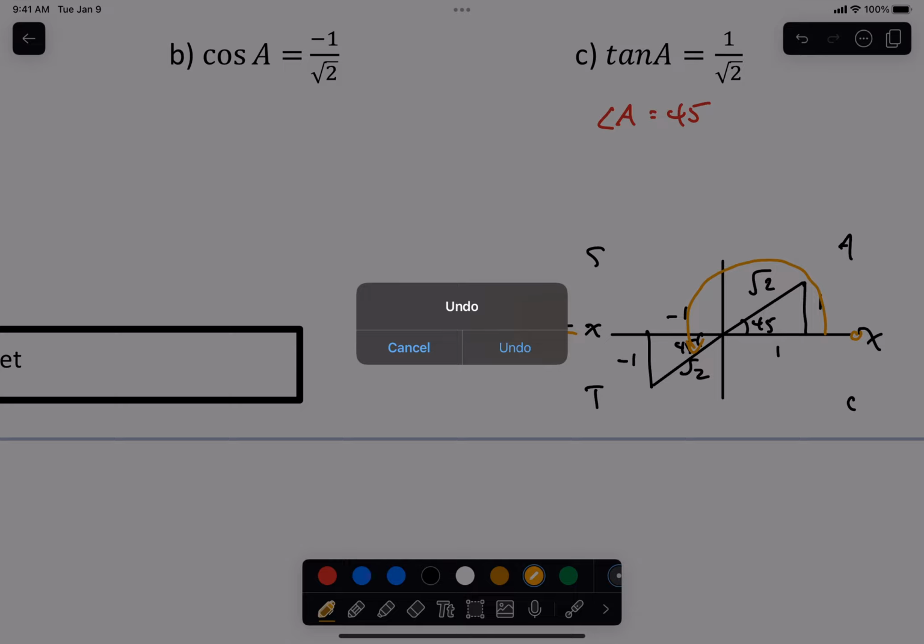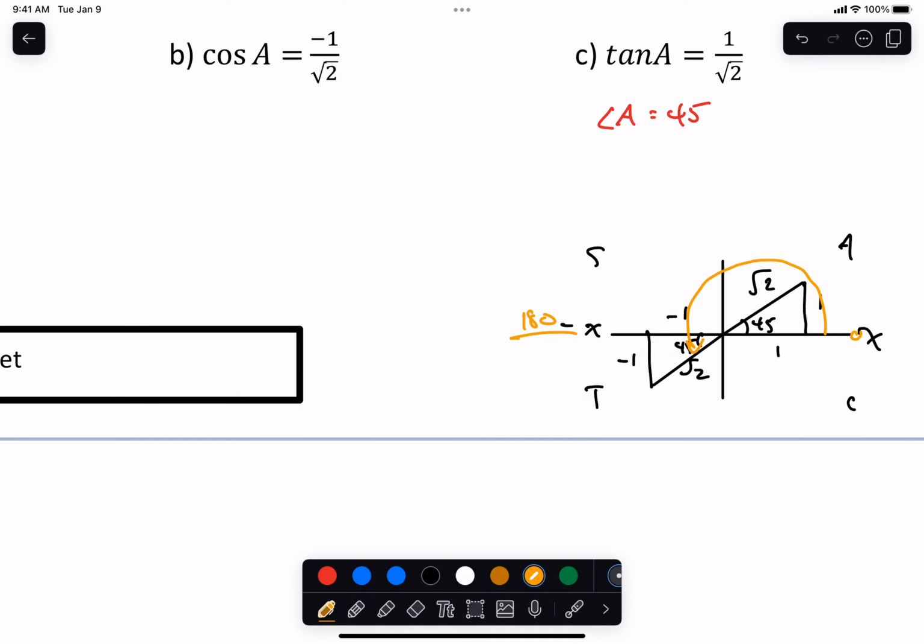Bryce? How does it work? 'Cause isn't tan opposite over adjacent? Oh, I'm sorry. Maybe that's a poorly labeled question too. Okay, let's change it to sine. Yeah, but TOA doesn't involve the root 2, right?